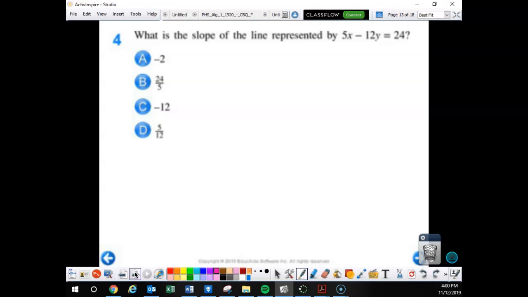All right, number 4. What is the slope of the line represented by 5x minus 12y equals 24?